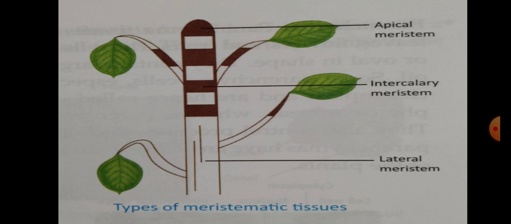At the apex you can see the apical meristem. Just below the apical meristem you can see the intercalary meristem, and the next one is the lateral meristem.